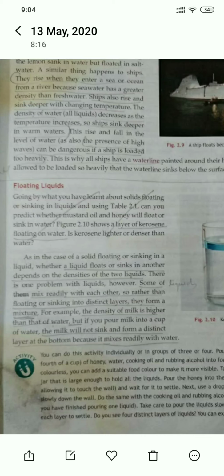Because what is happening? The density of water is more now, so the ship is much lighter now. The density of ship is much less now, so it rises a little bit up. That you can see here. Ships rise when they enter a sea or ocean from a river, because sea water has a greater density than fresh water.